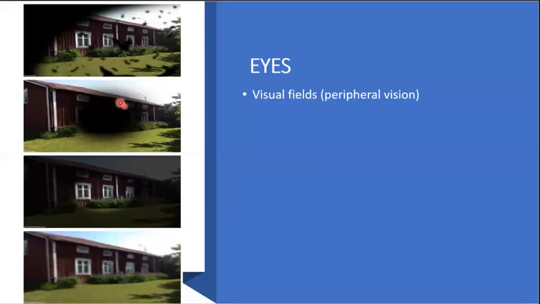With this other image, you can see how there's a gradual loss of central vision. Whatever is happening in this area, this patient is not seeing it. So you see a gradual loss of central vision, but the peripheral vision, the vision to the sides, is still intact. Again, this would be a patient with age-related macular degeneration.